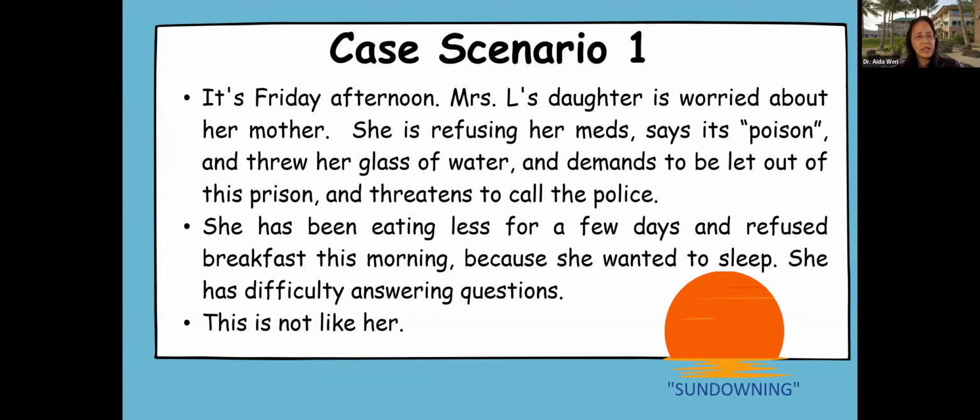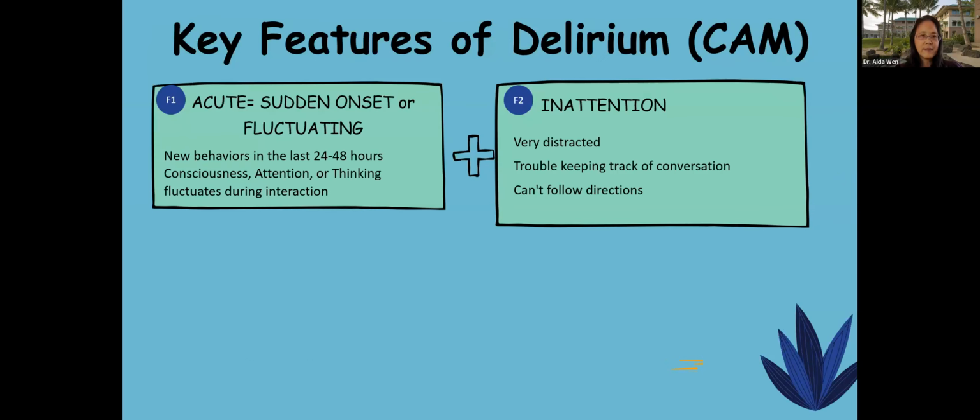She has difficulty answering questions. This is not like her. I don't know if you've ever heard of the word sundowning. This is another term to describe what we're seeing here. We'll talk about the key features of delirium in the next several slides.